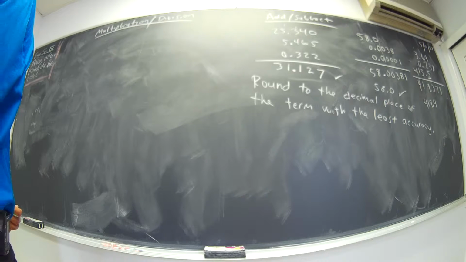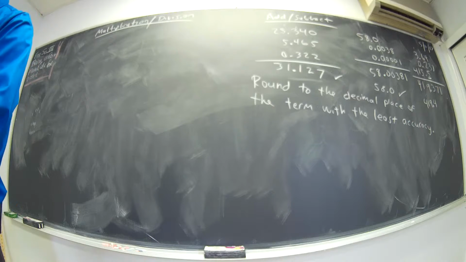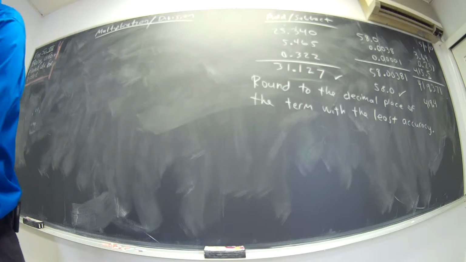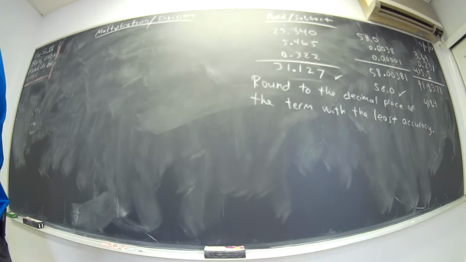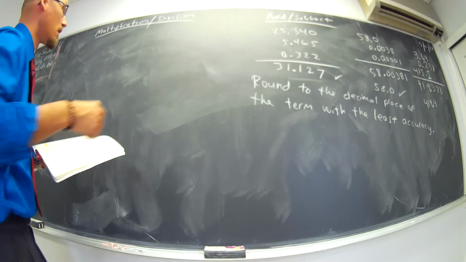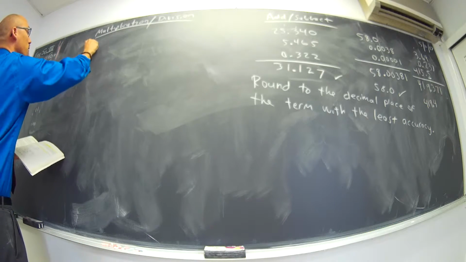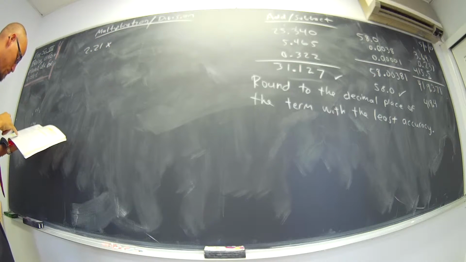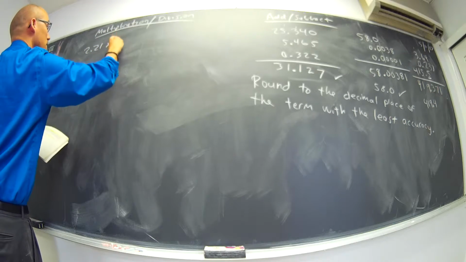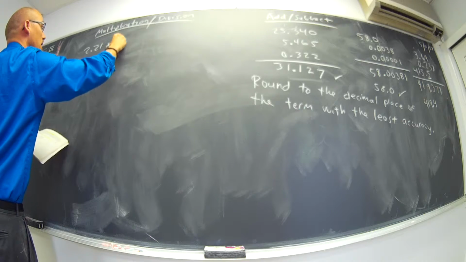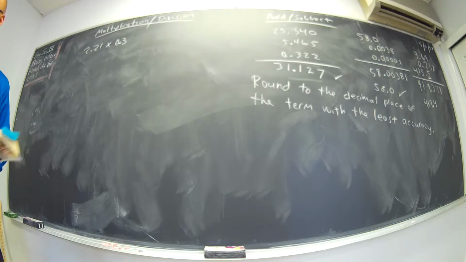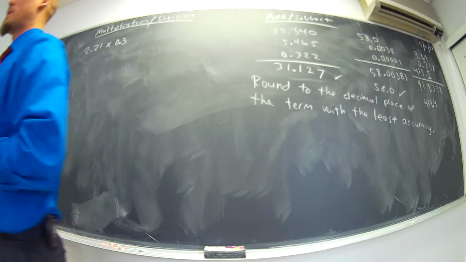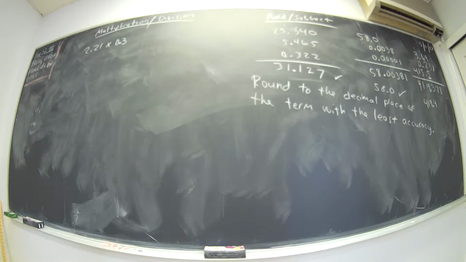If you have 2.21 multiplied by 0.3, first let's multiply and see what result we get. Does anybody need a calculator? Yes.